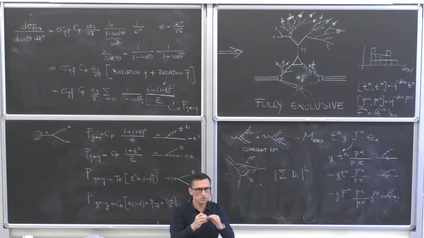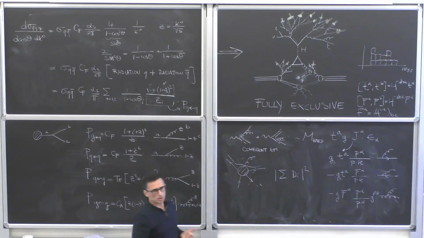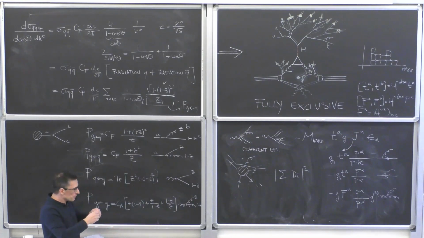Its virtuality is small, so it lives longer, right? Because its on-shell mass would be 0, but it has a small off-shellness, so it lives for a long time with respect to the hard radiation, which has a high Q square and lives for a short time.